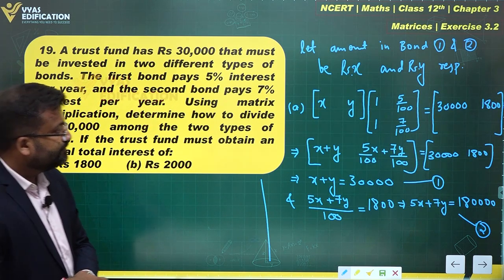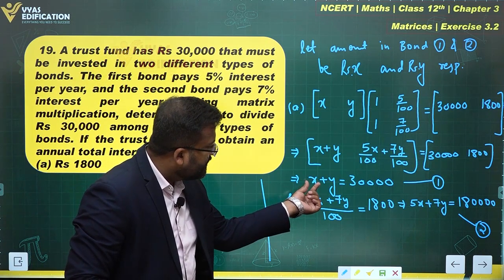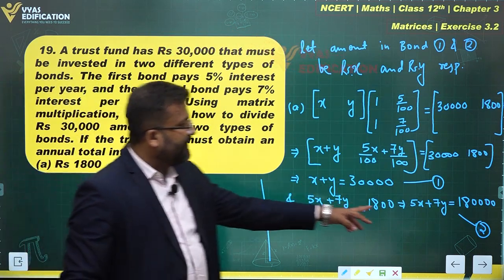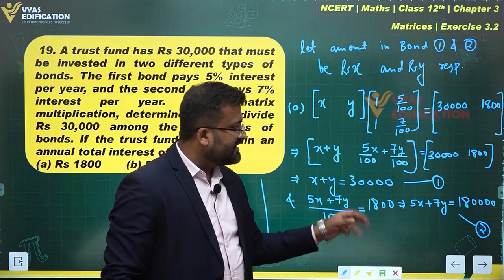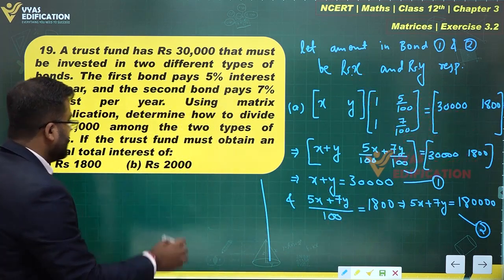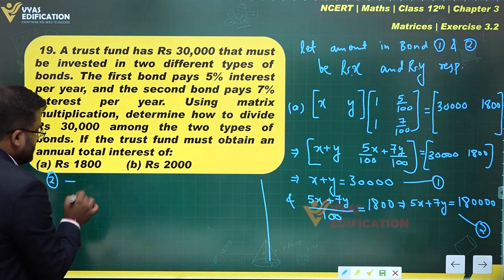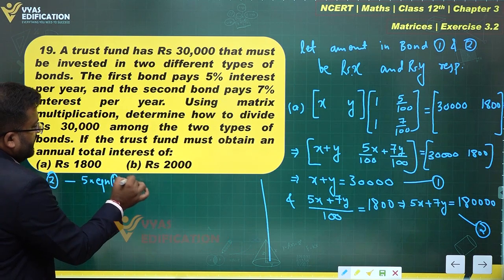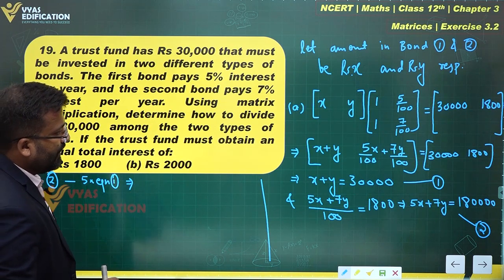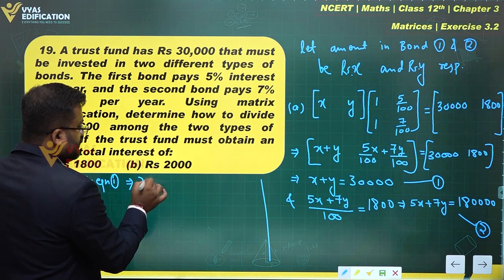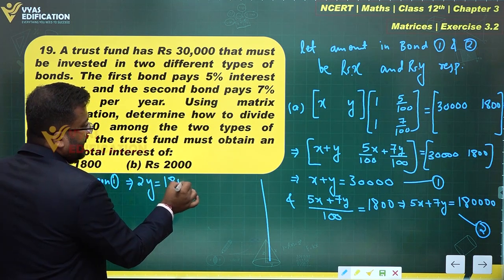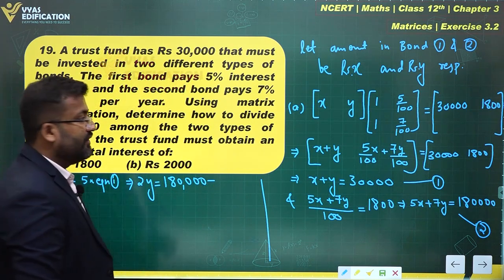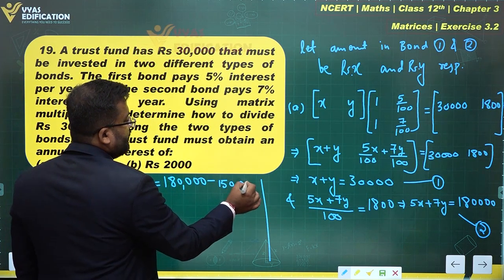How do we get x and y? Let's multiply equation 1 by 5 and subtract. So 5x and 5x will get cancelled. 7y, 5y can be subtracted to give us something. Let's observe. So equation 2 minus 5 times equation 1. That gives me 5x minus 5x is gone. 7y minus 5y is 2y, which is equal to 1,80,000 minus 30,000 times 5, which is 1,50,000.